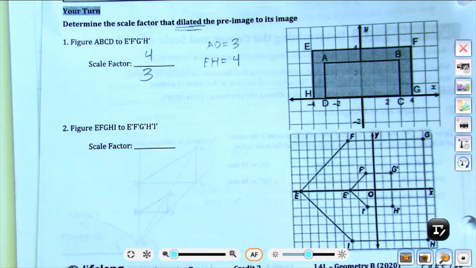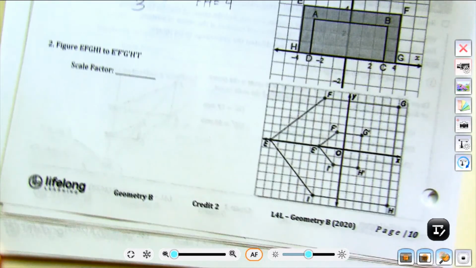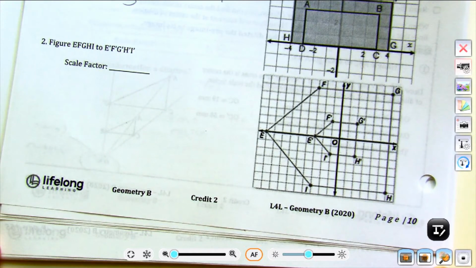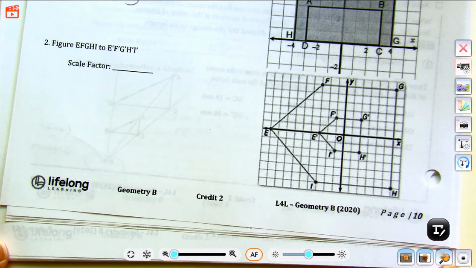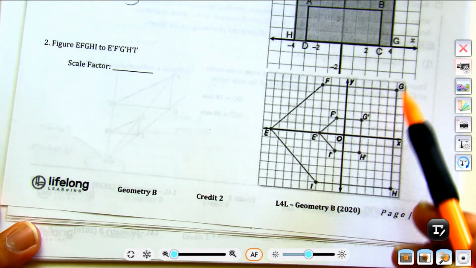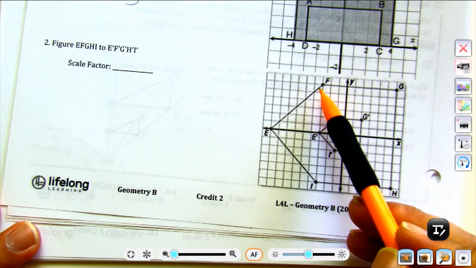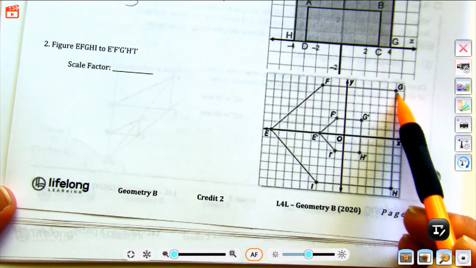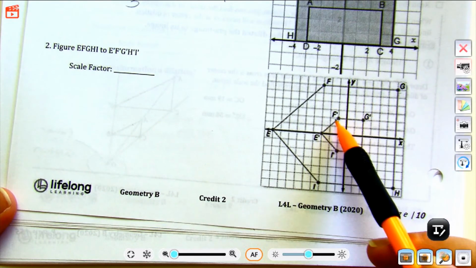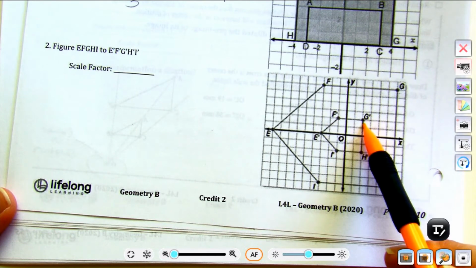Next, for problem number 2, let's pick 2 sides that are straight. So if I look at the pre-image, this is the pre-image FG, and this is the image F prime G prime. Remember that the image always has that prime, and the pre-image doesn't have anything on top. So we're going from FG. What is the length of FG?